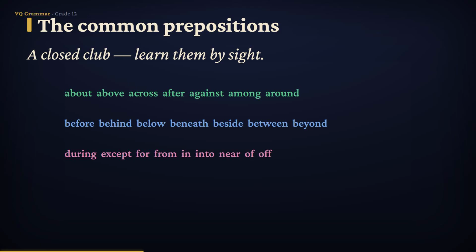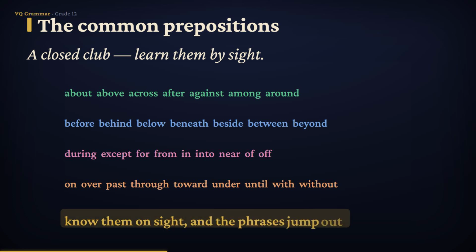During, except, for, from, in, into, near, of, off. And to finish, on, over, past, through, toward, under, until, with, without. Those are nearly all the ones you will ever meet in a sentence. You needn't recite the list from memory, but the more of these you recognize on sight, the faster the phrases leap off the page at you.